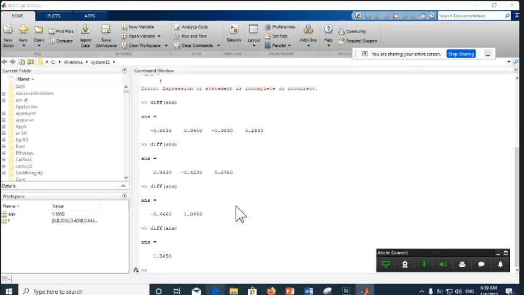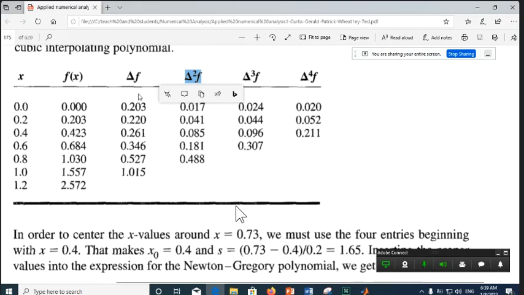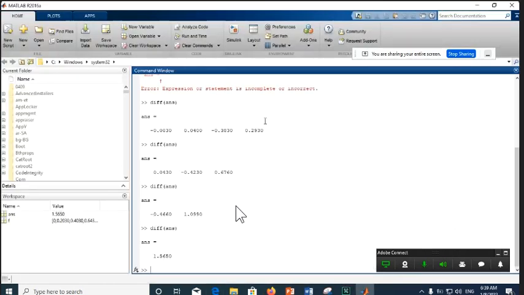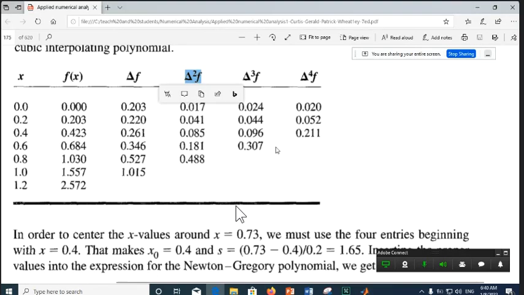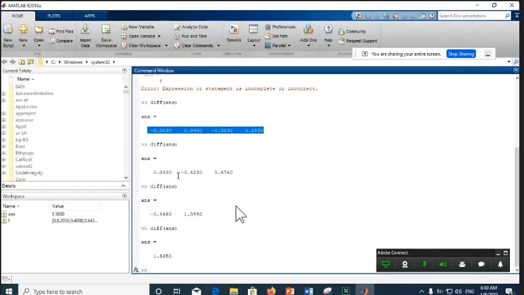In this book, the columns or the values of f are computed and illustrated vertically. Here in MATLAB, in order to save space, we computed this horizontally, as a row vector rather than a column vector. You see the commands in MATLAB are simple, and you can use them very easily.